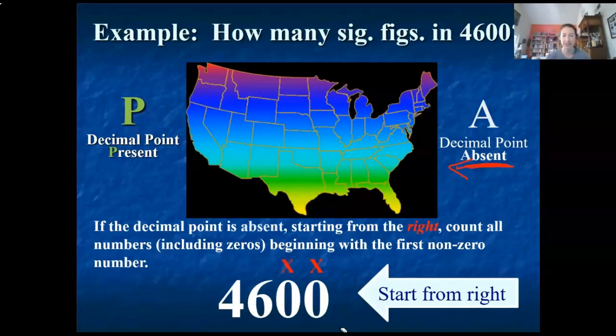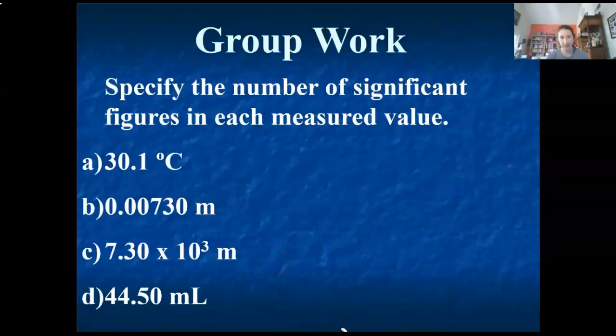This is a 0, doesn't count. Not a 0. This is our first non-zero number, so we keep counting, and therefore we have 2 significant figures. Again, if the decimal place is present, start from the Pacific side, starting with the first non-zero number. Absent, start from the Atlantic side.